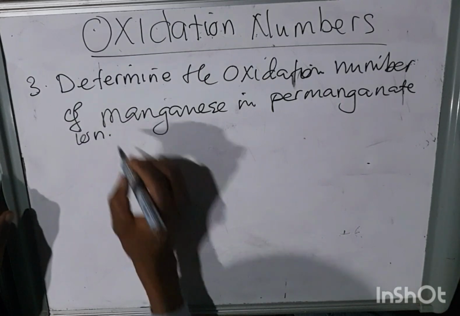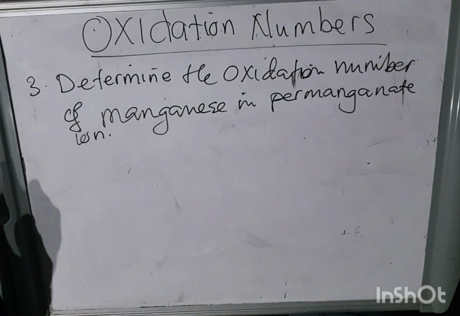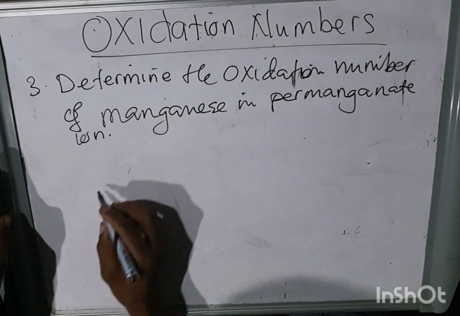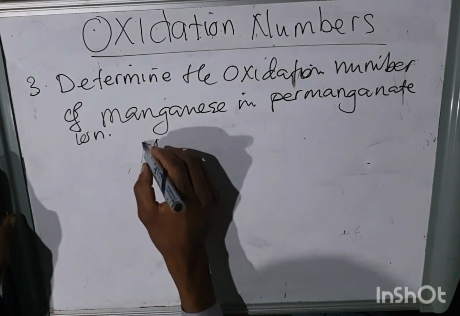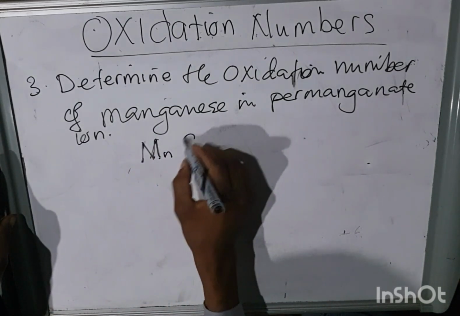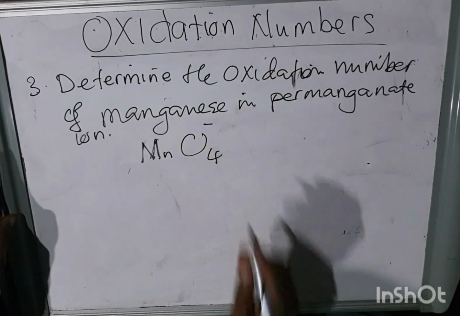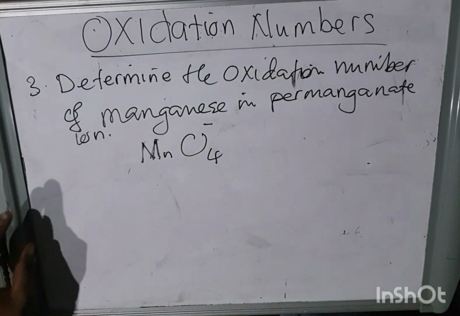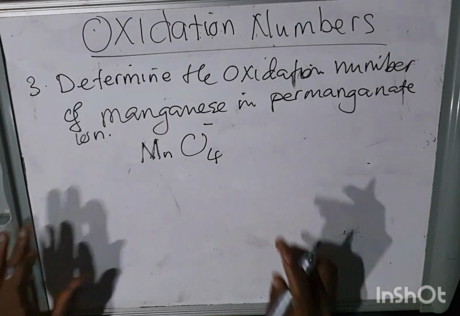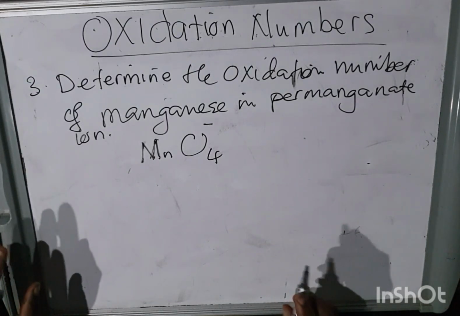Okay, the formula for permanganate ion is Mn for manganese, O4, with a negative charge there. So as you can see, the oxidation number of this ion is negative.